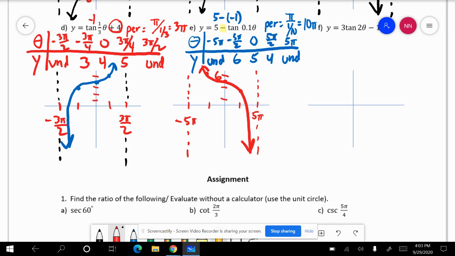And for our last one, we have a frequency of 2. So in order to find our period, we're going to go pi over 2, meaning we're going to divide all of our values by 2. So when we divide by 2, we get negative pi over 4, negative pi over 8, 0, pi over 8, and pi over 4. We start with undefined, we end with undefined.